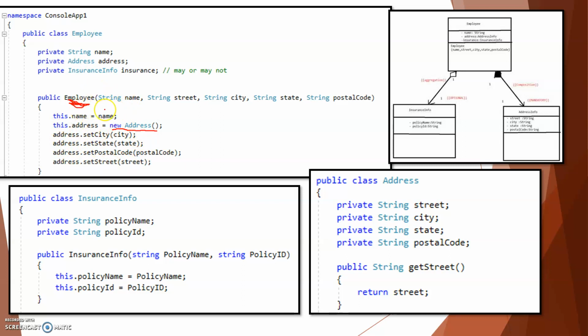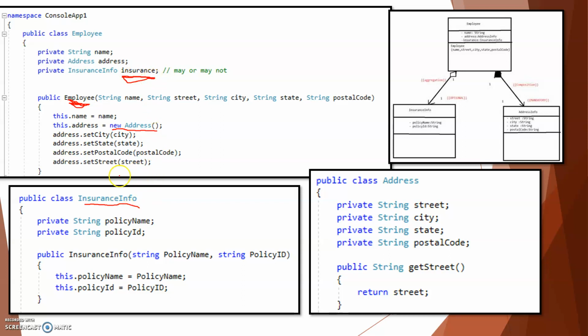when an instance of an employee is created. So that relationship is very tight. If we lose the employee, we lose the details of the address and the city. Whereas you'll notice up here we have an instance of another class, the insurance info class, but we can create that instance outside of an employee and assign the details into this particular attribute.